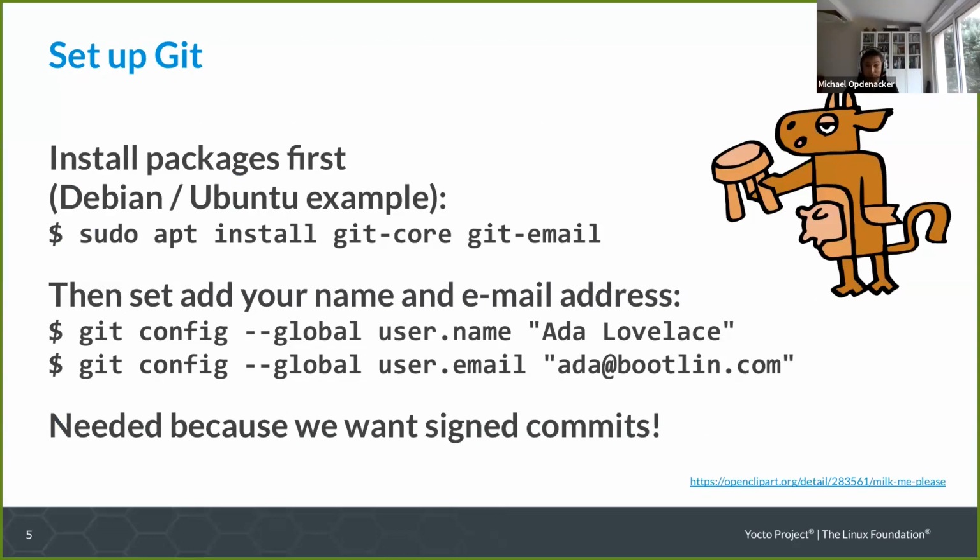So let's go step by step through what you should do, what we expect you to do, to contribute something to the Yocto project or to other projects. So the first thing, of course, is to install Git. That's the Ubuntu example. You also need to set your name and email address, because we expect you to sign your commits, and that's why we need the name.